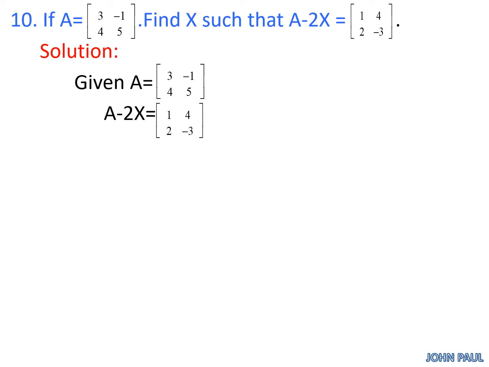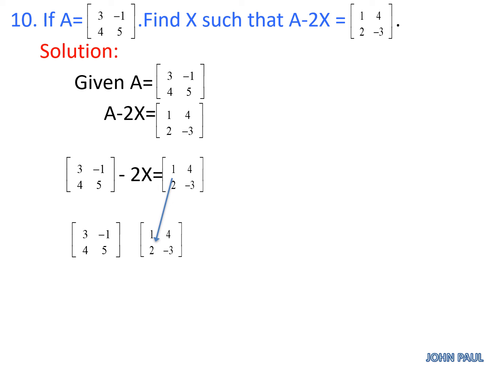Now substitute the matrix A. Now take the 2x to the other side and the matrix 1, 4, 2 to the other side. So when we take it to the other side, minus 2x becomes plus 2x.